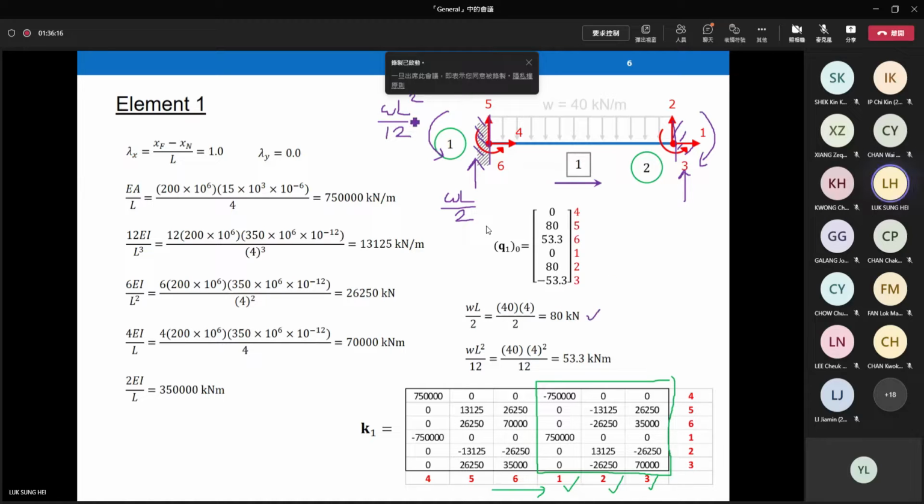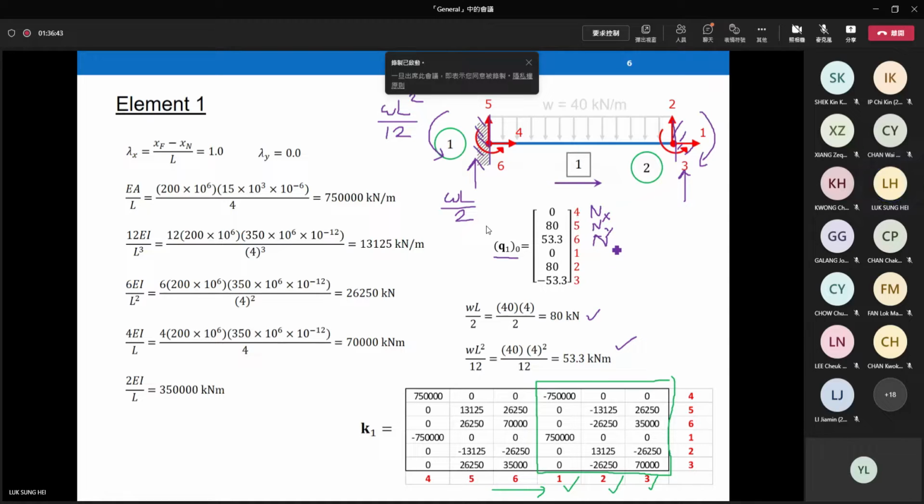The moment, WL squared over 12, is equal to 53.3 kN·m. You put them in a vector form, Q0. Remember that when you express them in a vector form, you need to provide all components, Nx, Ny, Nz, and then Fx, Fy, Fz.